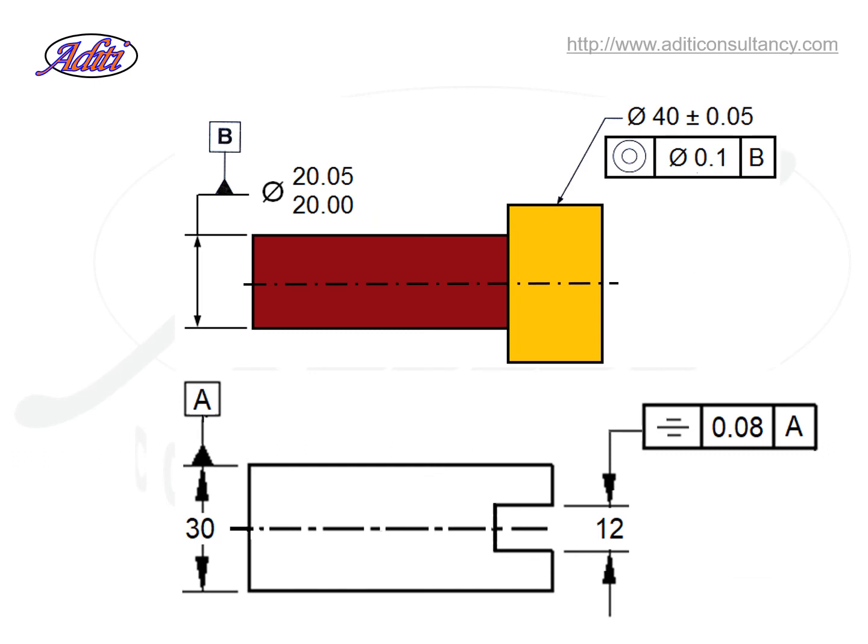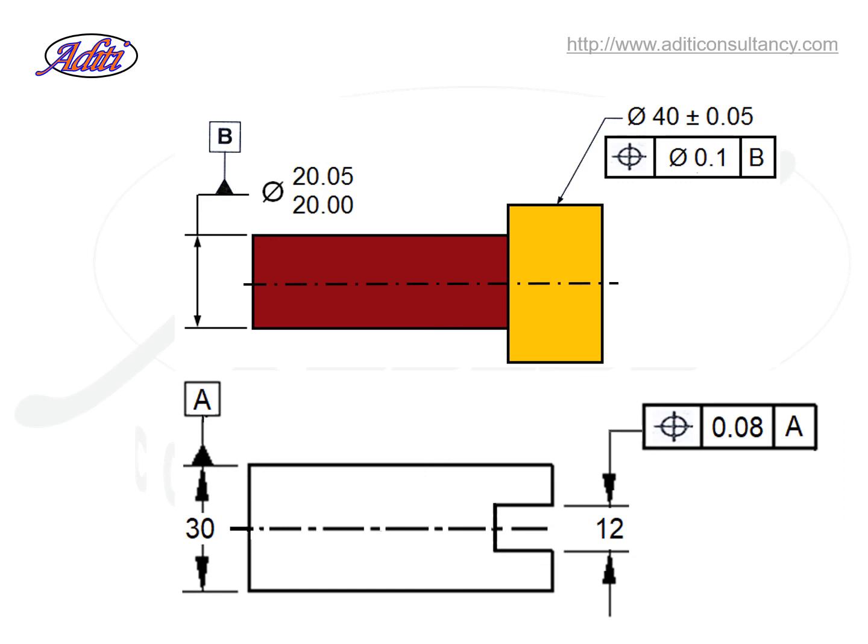We have just discussed these two drawings where concentricity is specified in the first part and symmetricity is specified in the second part. Now, if these two symbols, concentricity and symmetry, are replaced by position in the drawing, the meaning in both cases will still be the same.